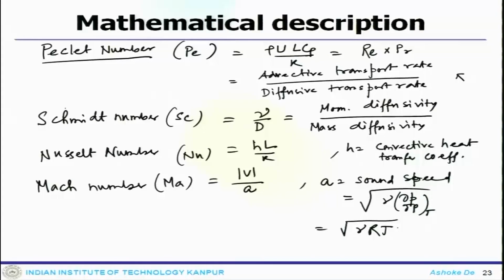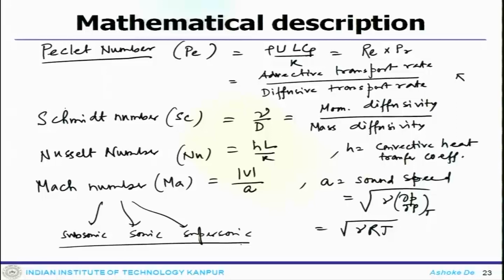So, these are the numbers that come across, and this will determine whether the flow is subsonic, sonic or supersonic. So, depending on the Mach number, you can define different regimes of the flow field.